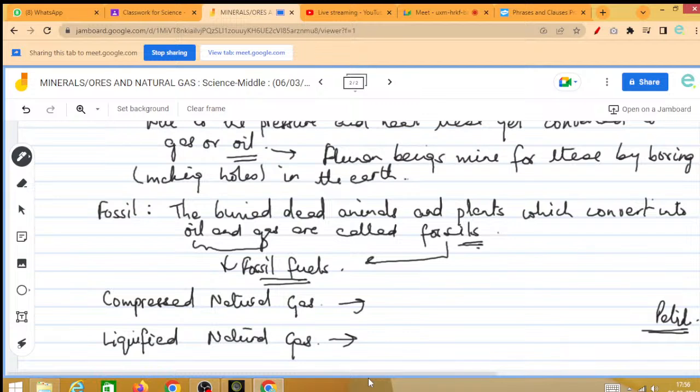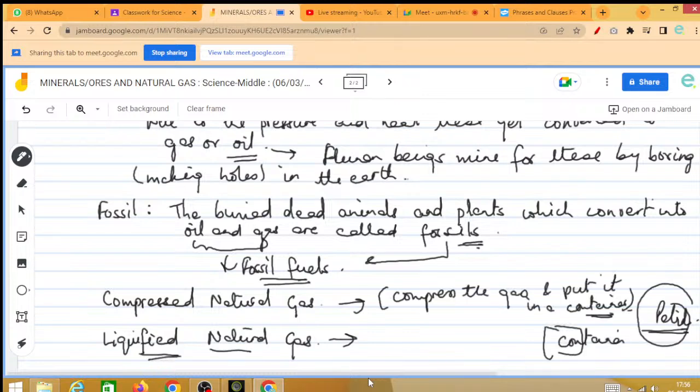Compressed natural gas, you compress the gas and put it in a container, and then we use it. These days we use CNG gas for running vehicles also.